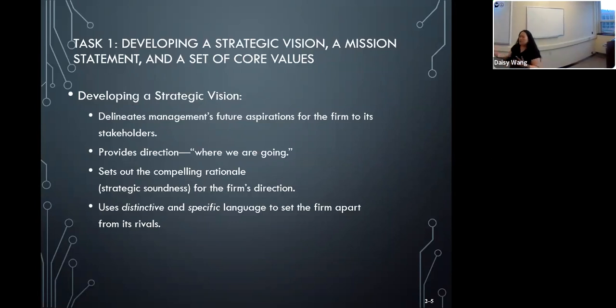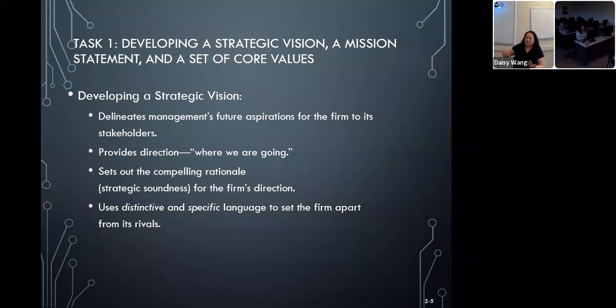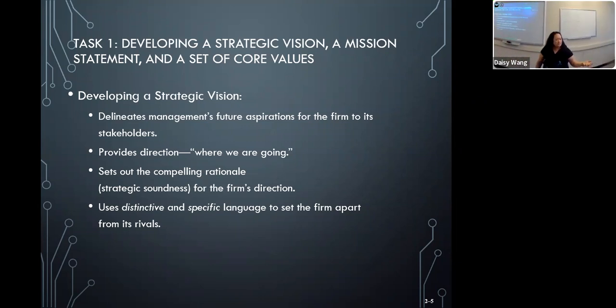Usually we want it to be inspirational, powerful, and to show that the company is forward looking, that they know the direction they are going. Let's say Facebook. They have a lot of criticism recently, but they changed the name to Meta.